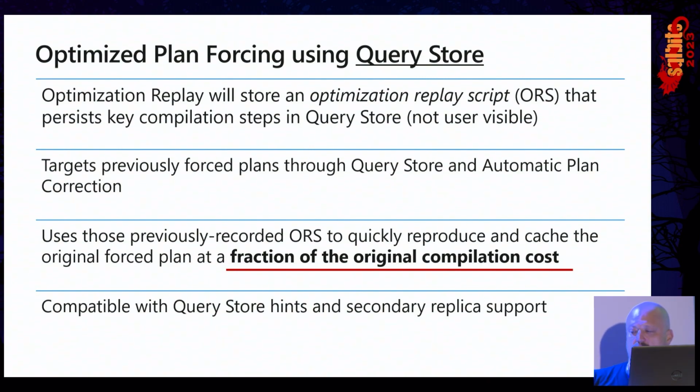So when the query gets run again, we just look at the replay script and execute the rules that SQL Server Engine would have typically done during the normal compilation process. So instead of having to go through a whole bunch of rules and figure things out, we say, well, we already have this stuff recorded. Why don't we just replay it directly, which will save time? That's essentially what it's doing. I know it's called a script, but it's actually a hidden attribute in the show plan XML.